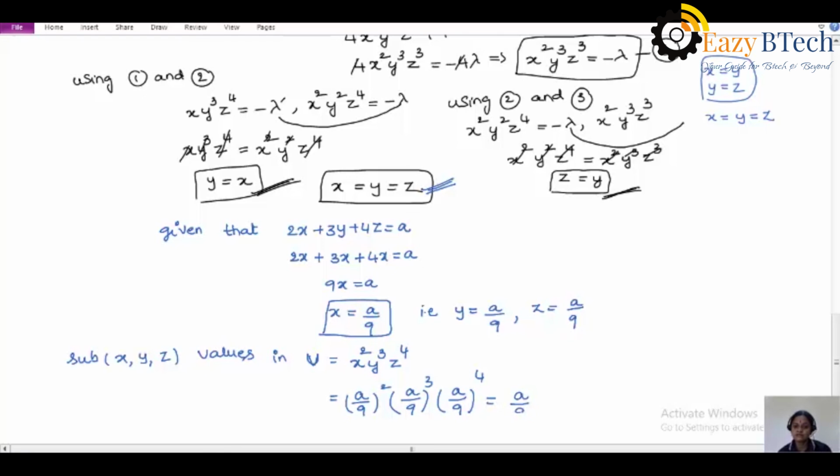Finally the answer is (a/9)^(2+3+4), that is (a/9)⁹, adding the power values because the bases are equal. This value is the maximum value of the function subject to the condition using Lagrange's method of undetermined multipliers.